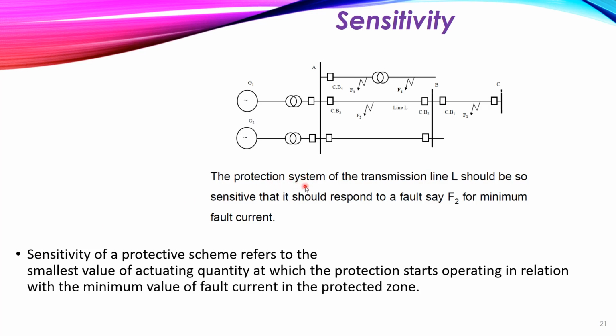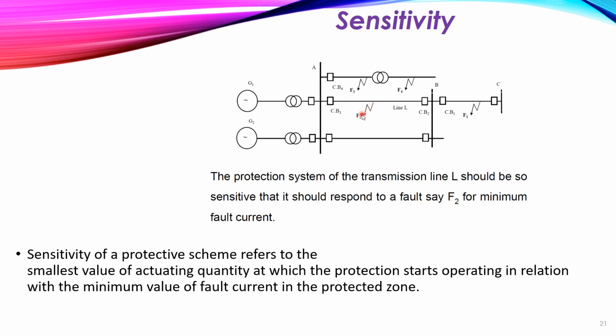As an example, the protection system of the transmission line L, which contains circuit breaker number 3 and circuit breaker number 2, should be so sensitive that it responds to a fault, say F2, for a minimum fault current.